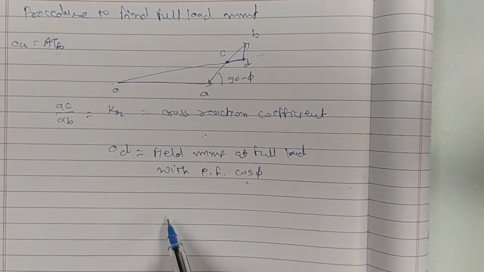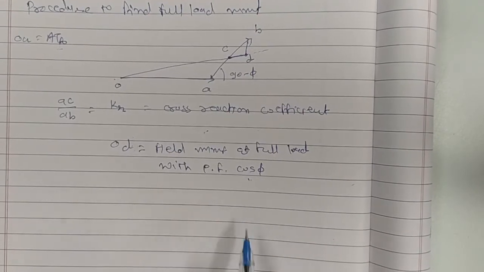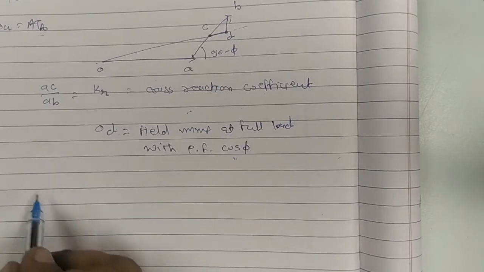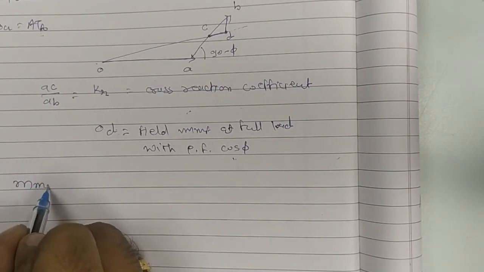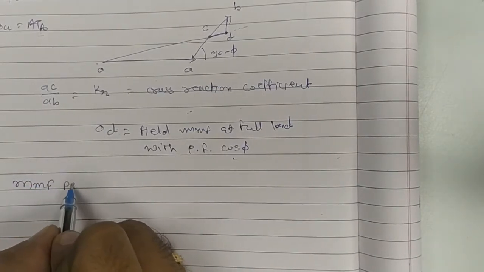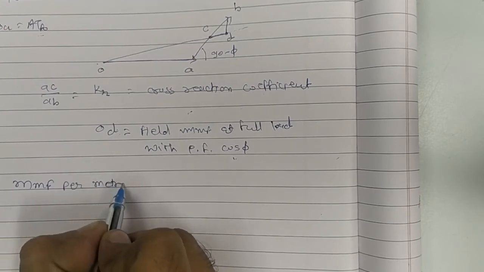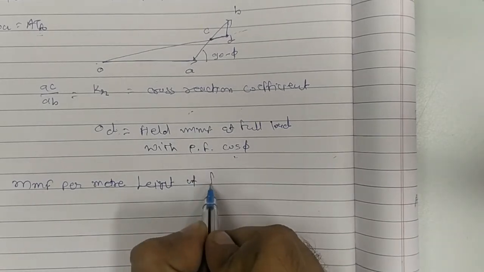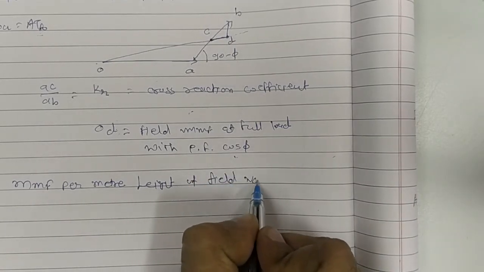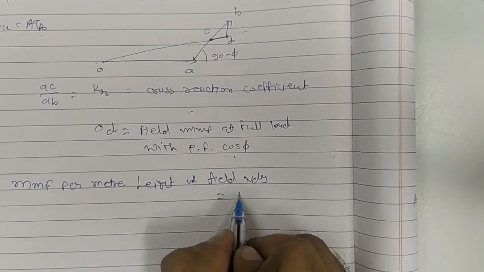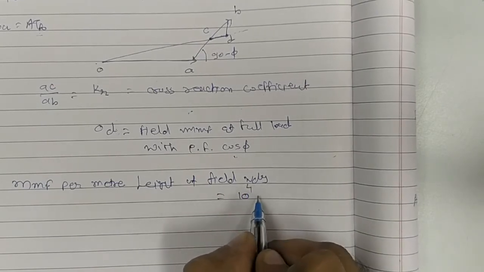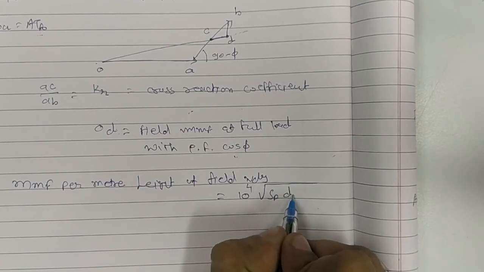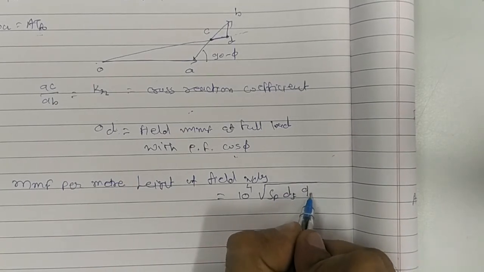Now we do have one equation for the MMF per meter height of the field winding. We have one simple equation to remember. It is 10 raised to 4 into SF into DF into QF.